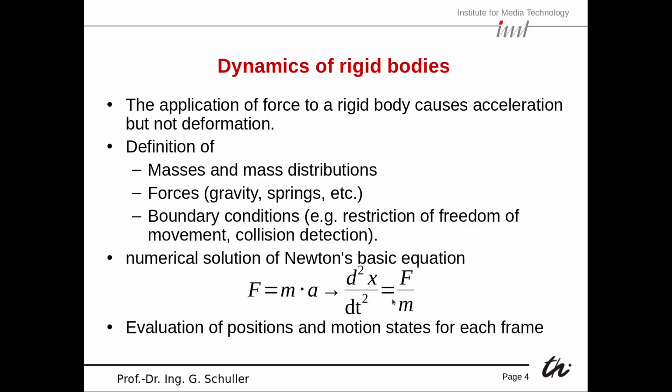Right? So you can put this into this so-called differential equation. The acceleration is the second derivative of the place x with respect to time. So this is the acceleration, and this acceleration is the force divided by the mass. Right?